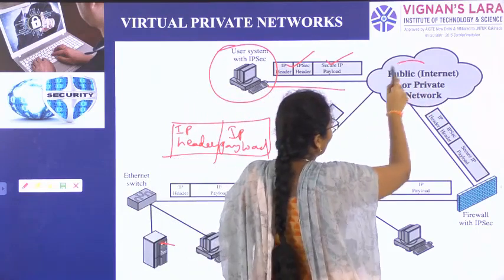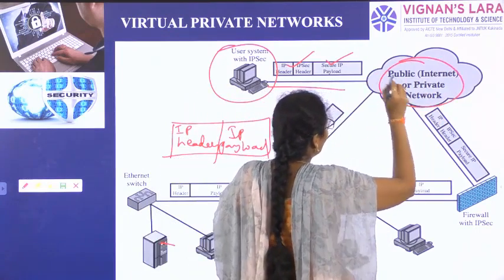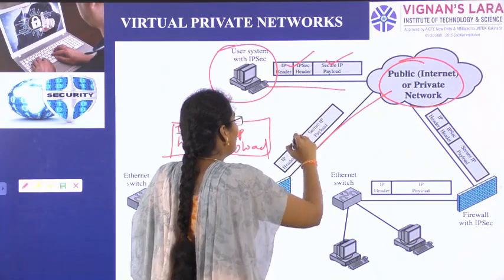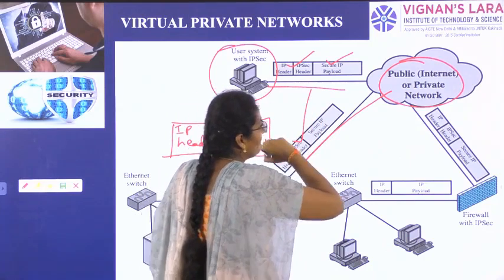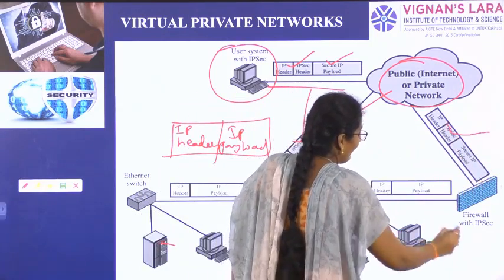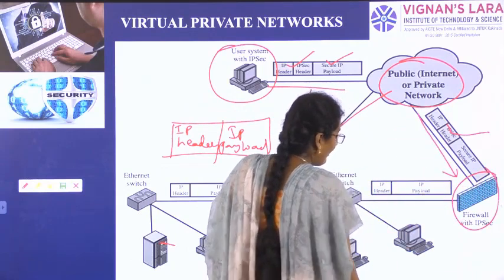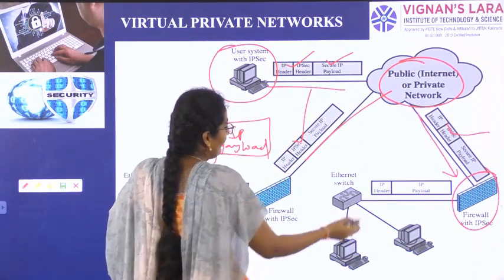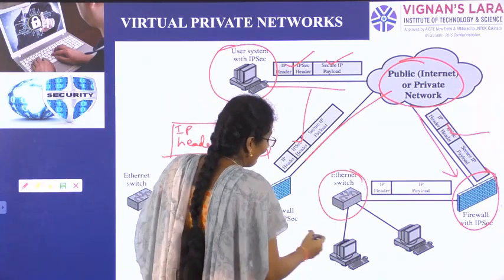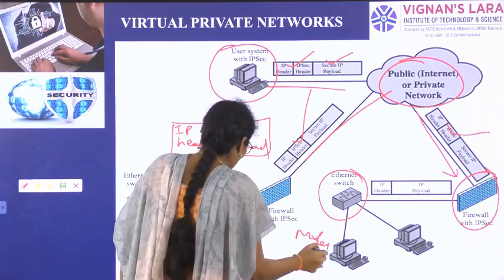This is the private network or public network, the internet. From here also we will have IP header and IP payload. We have the firewalls. First this IP header and IP payload is given to the firewall. Then the firewall will give it to the switch or router. From there it goes to nodes or workstations.